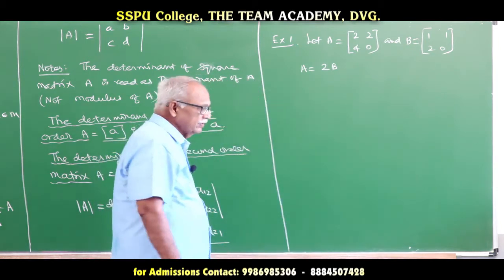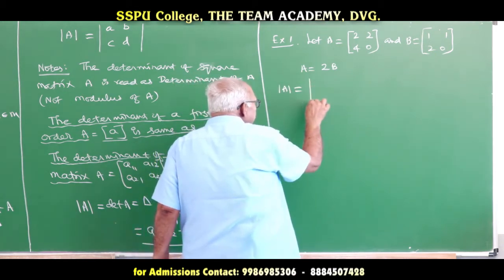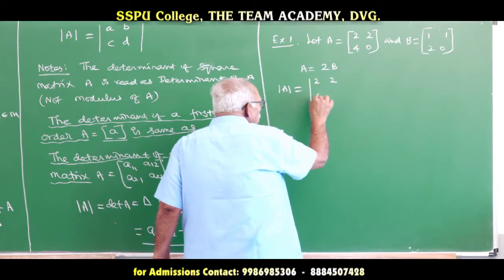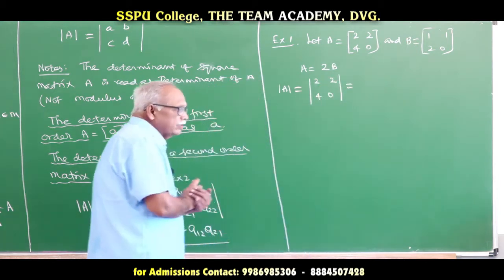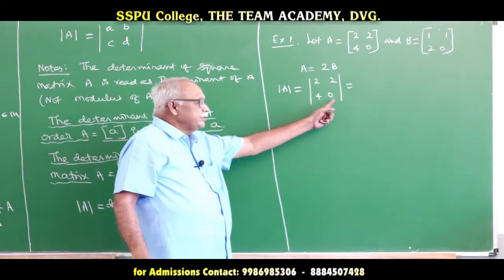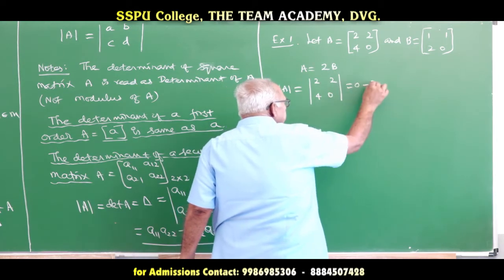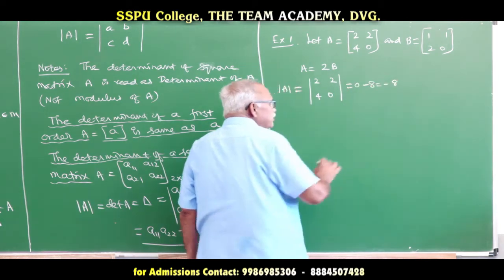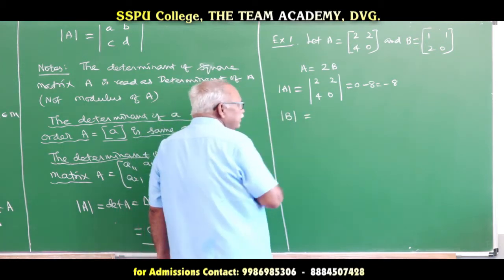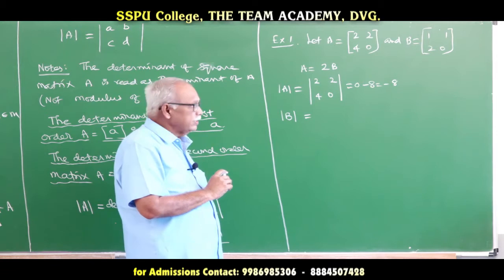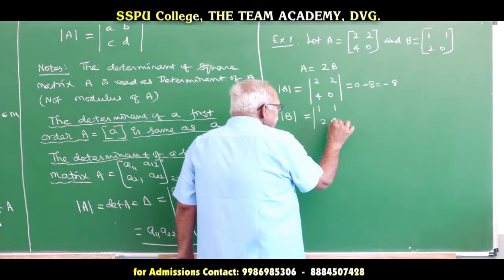Next, let me calculate the determinant of A. How to evaluate the determinant of 2, 2, 4, 0? 2 into 0, that is 0, minus 4 into 2, 8. So this is minus 8. What is the determinant of B? Let us calculate det B for 1, 1, 2, 0.